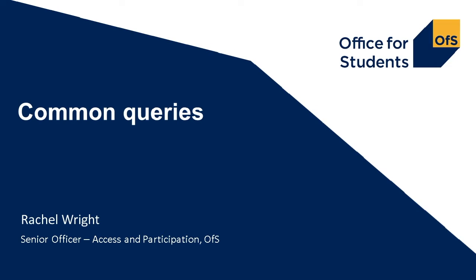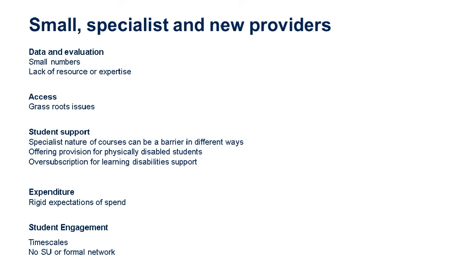Okay, so just moving on to some of the common queries that we have been hearing from providers such as yourselves, both through the OFS offer and HEFKey, in terms of our guidance past and present. I thought it would be helpful to set some of those out. Okay, so we often hear that for small and some of the newer providers that data is an issue.